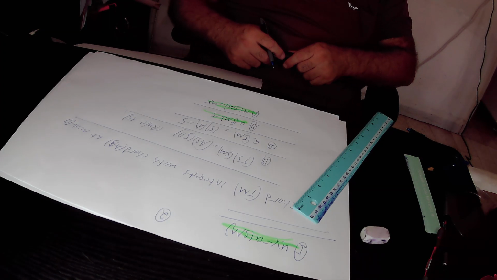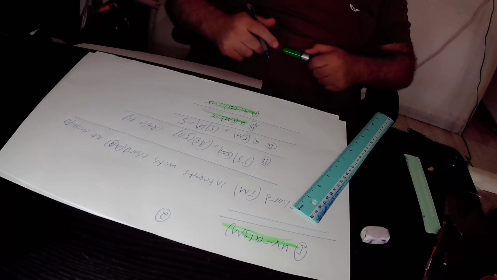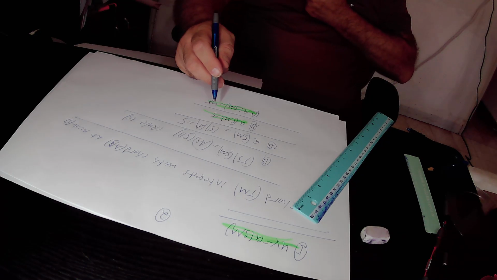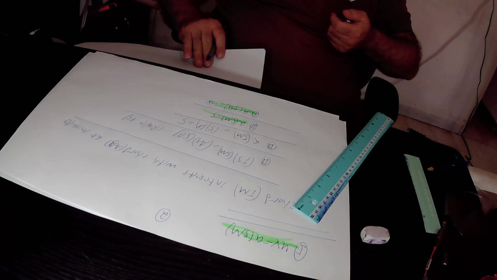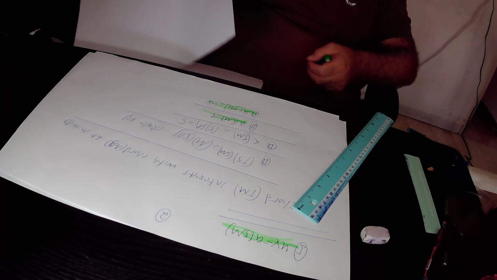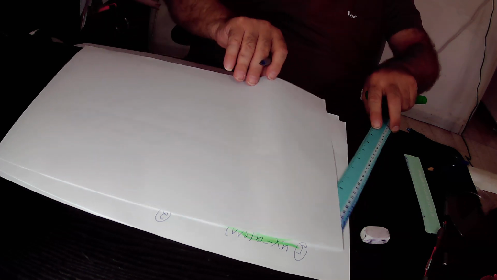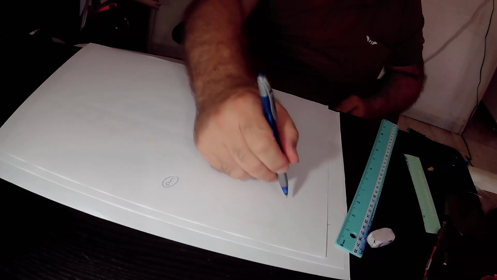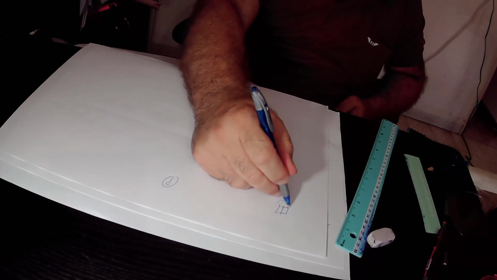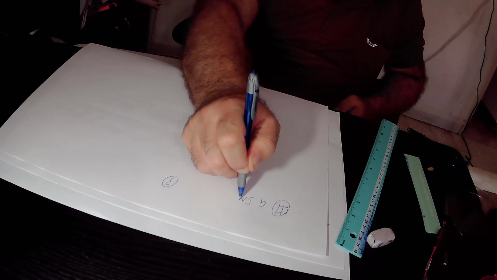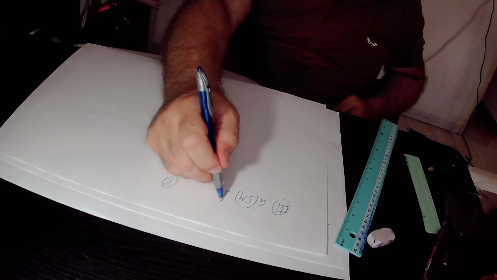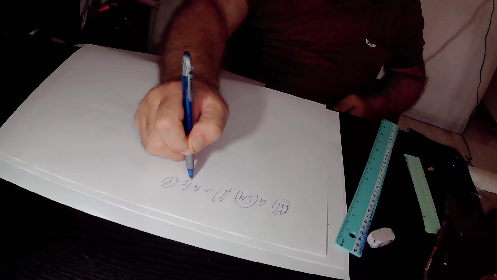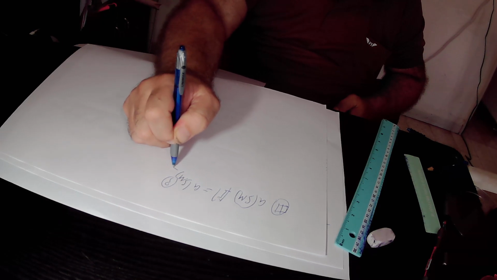Therefore, we create equation 3, which says that A times SM according to equation 1 must be equal to A times SM according to equation 2.